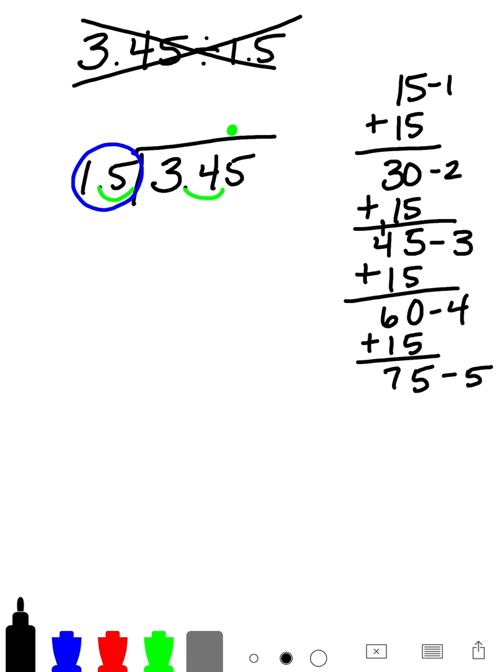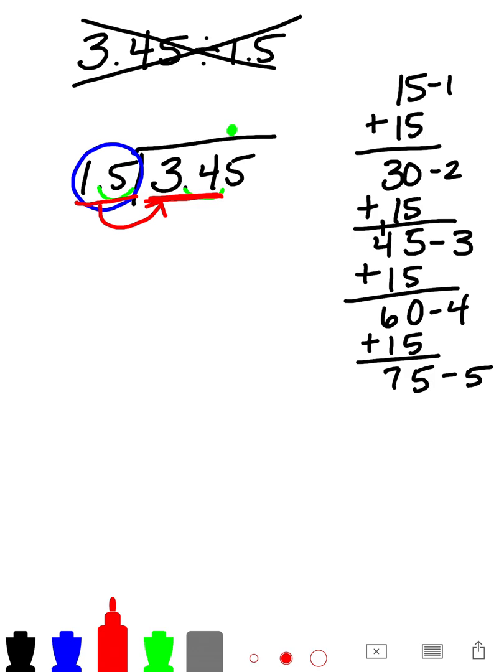Now we can work through this problem together. So I'm looking at 15. I want to know how many times can 15 fit into 3? Well, it can't. But I know that it can fit into 34, right? I just don't know how many times. So I have to go down my running total here.